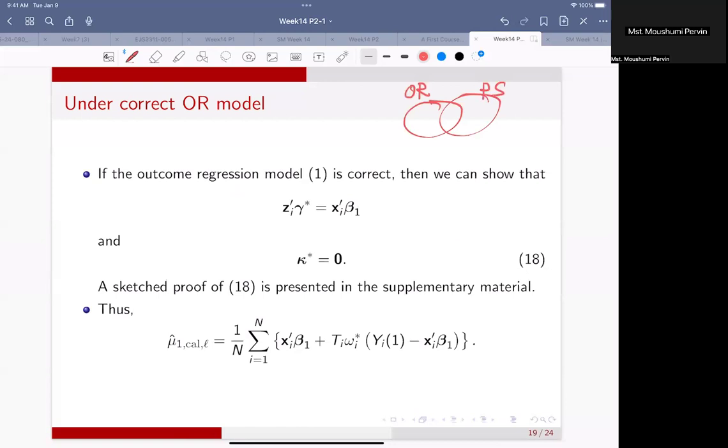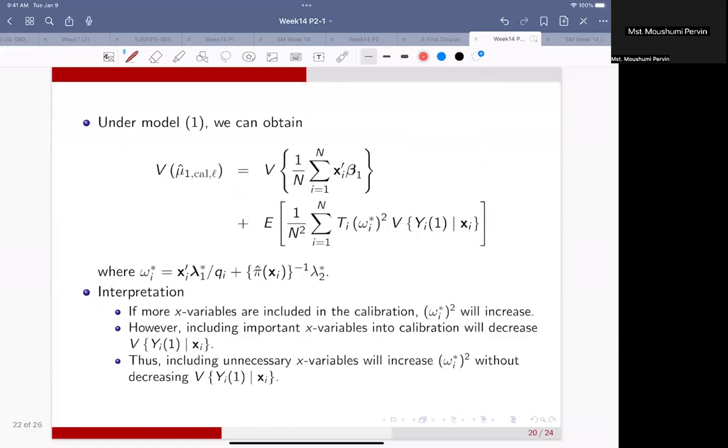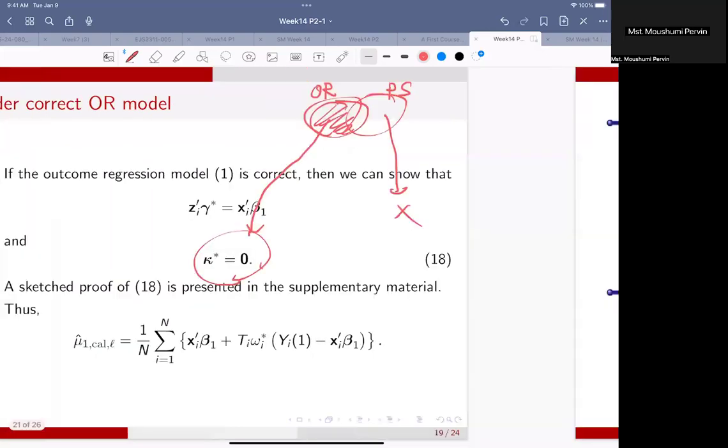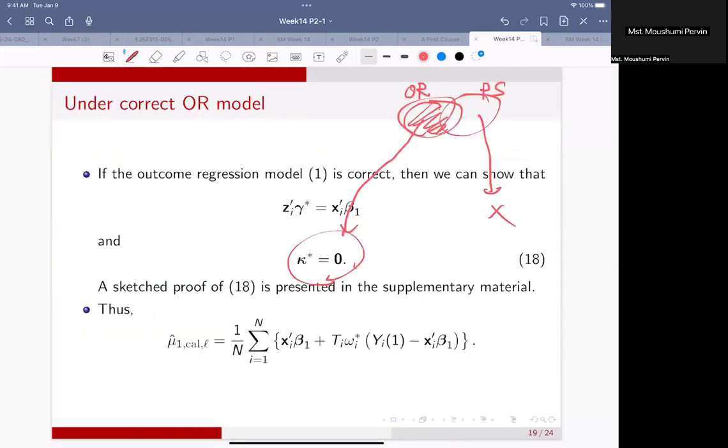Under the outcome model, kappa star is actually this. But under the correct PS model, kappa star has a different form, 19. So this is actually 18, 19. So kappa stars are different.